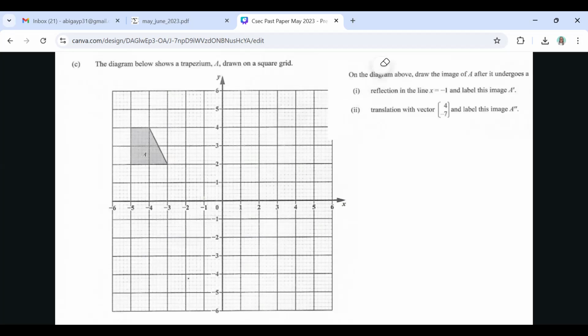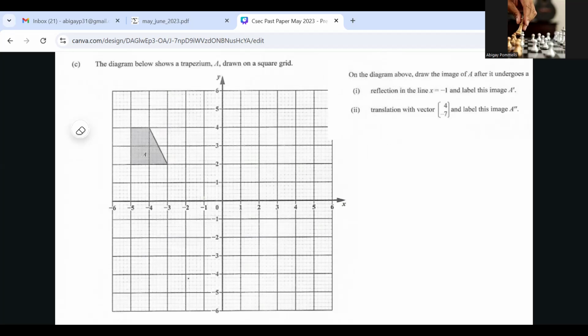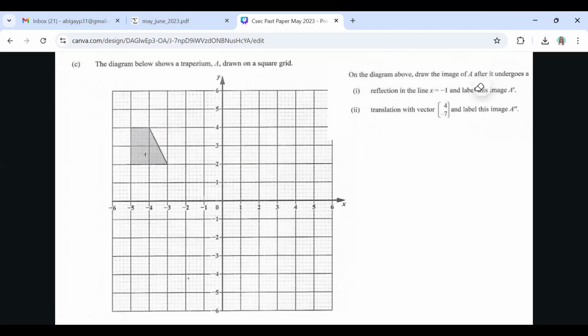Well, except the reflection was transformation. So we did transformation this morning. So let's see. On the diagram above, draw the image of A after it undergoes a reflection in the line x equals -1 and label this image A prime.